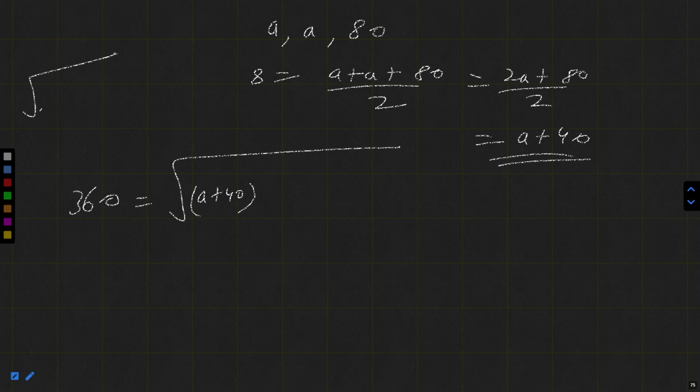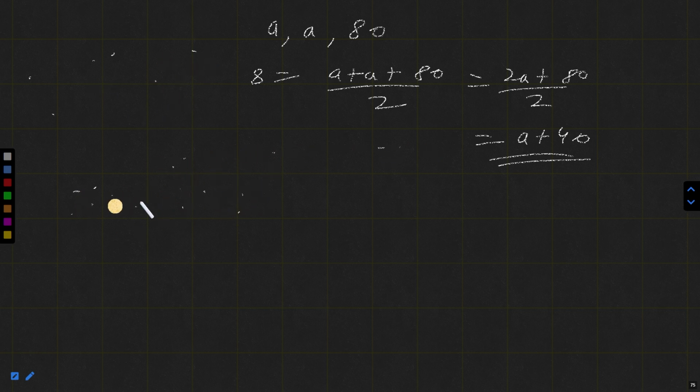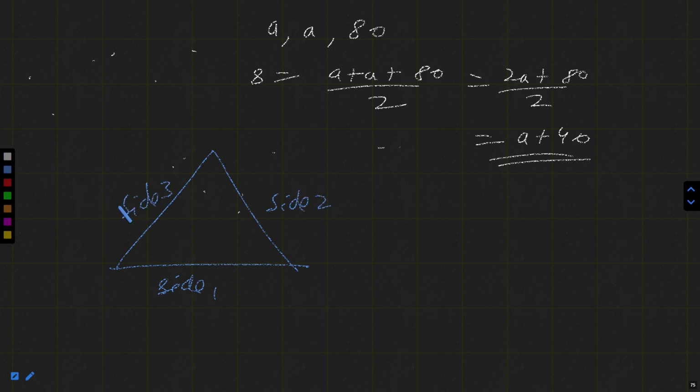If you remember the S minus A, S minus B, S minus C. Don't confuse A, B, C, just recall the formula. Let me recall it for you so that you do not get confused. Side 1, side 2, side 3, and S, the semi perimeter, is side 1 plus side 2 plus side 3 divided by 2.